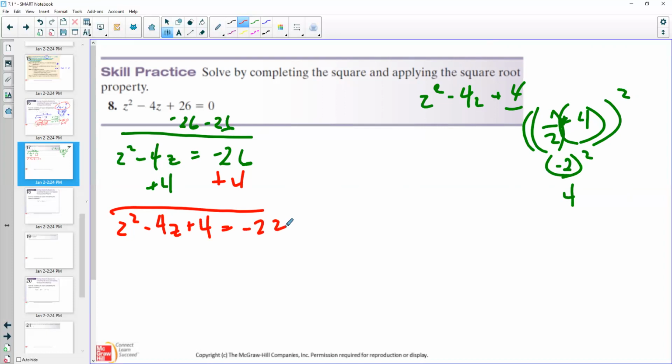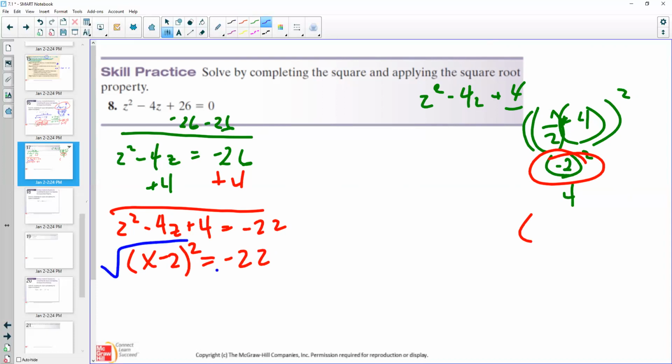Okay. Now I'm going to write the left-hand side as that binomial. Z minus 2 squared equals negative 22. Now I can take the square root of both sides. Z minus 2 on the left equals the square root of negative 22.